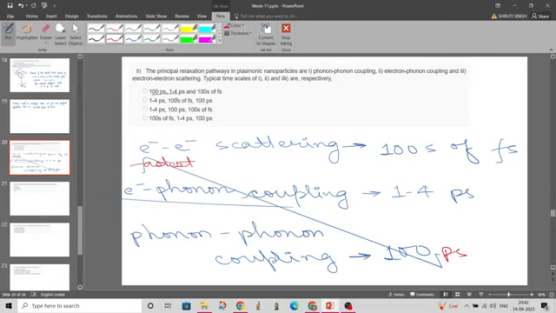Then electron-phonon is 1 to 4 picoseconds, and electron-electron scattering is in hundreds of femtoseconds. So the answer will be A.